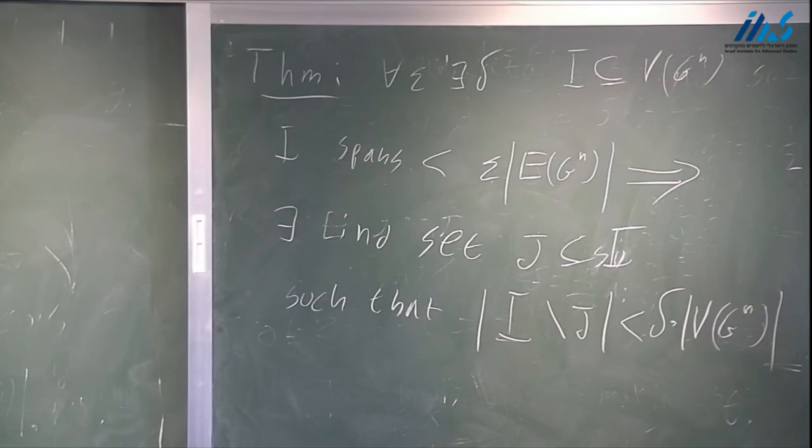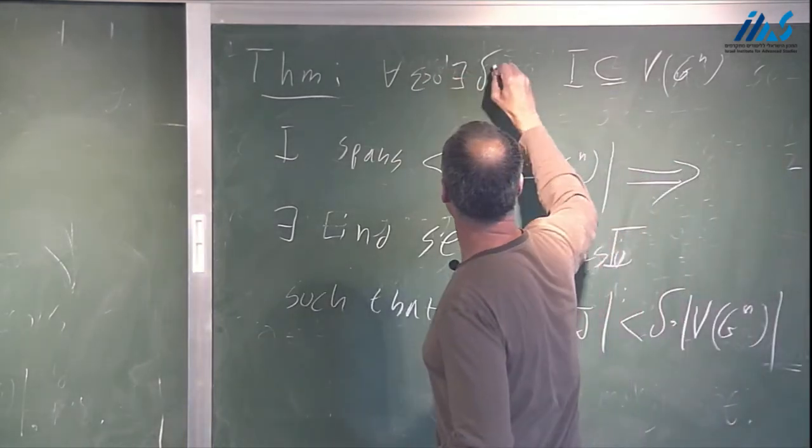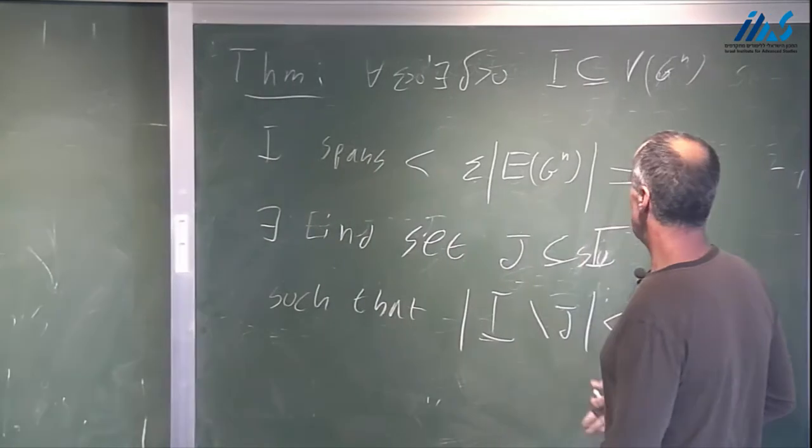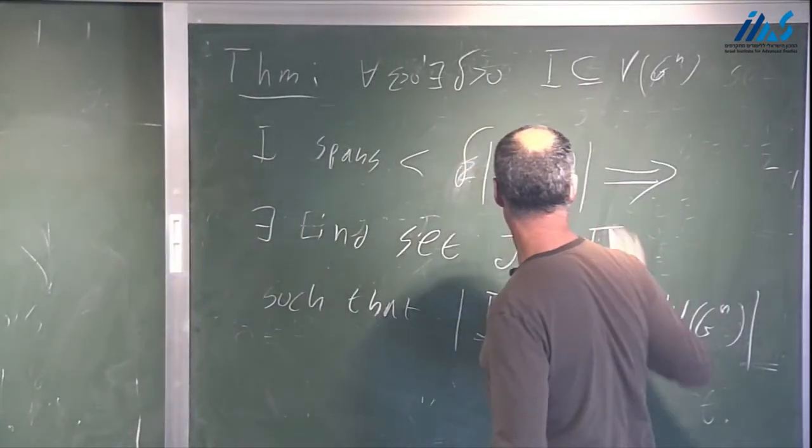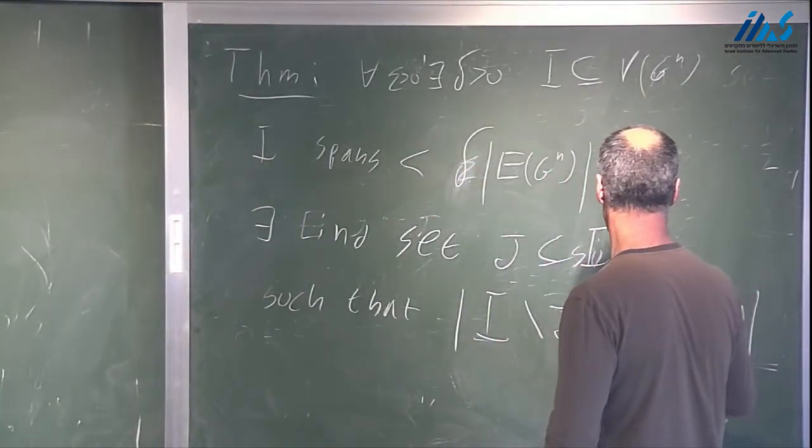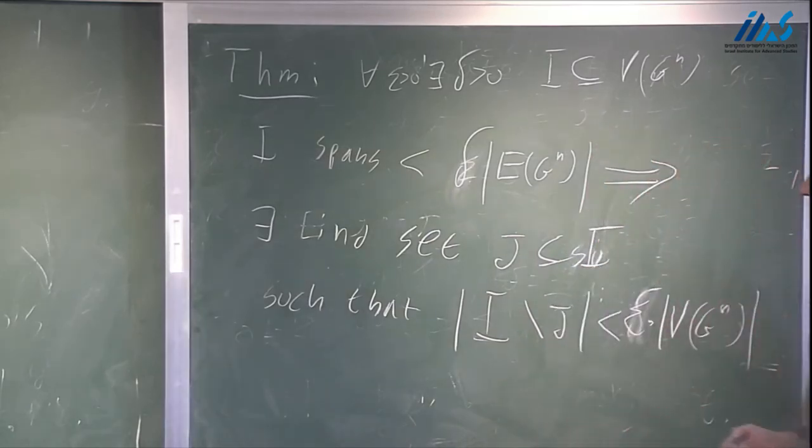For every epsilon, right, okay, so for every epsilon greater than 0, there exists delta greater than 0. Yeah. Right, okay. Also switch I and J. No, I won't. Right, I should have switched them.